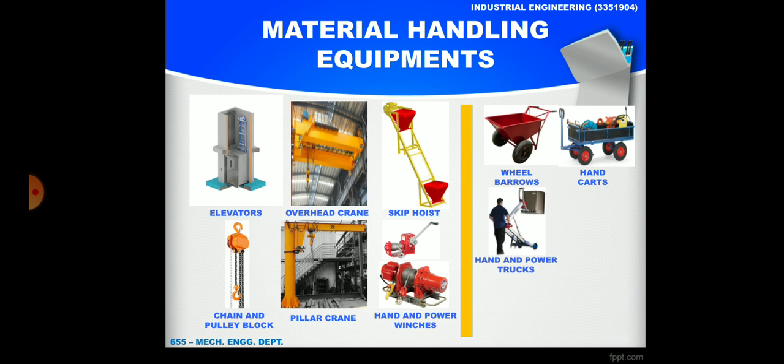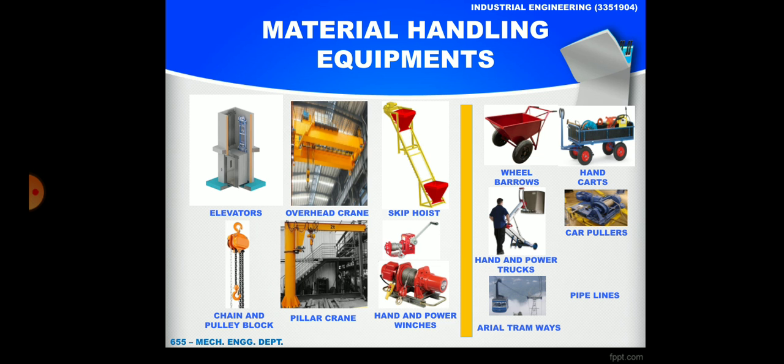Hand and power trucks, generally used in industry for transporting material either vertically or horizontally. Car pullers, generally seen at the back and front side of any truck or car for pulling vehicles. Aerial tramway, known as ropeway, seen in hilly areas. And the last one is pipelines, generally seen in industries for horizontal movement of material.